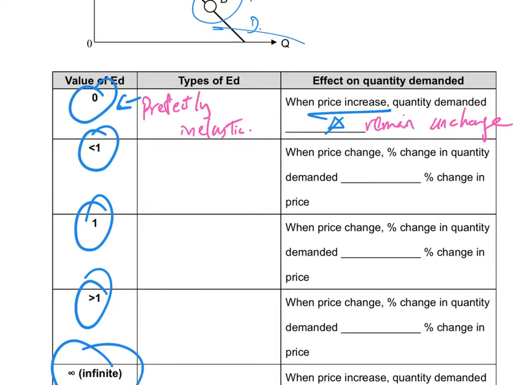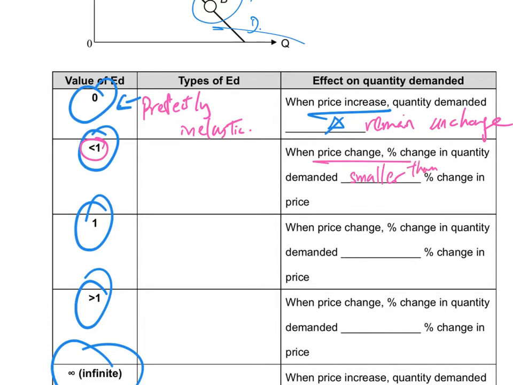And then the type a little bit close to perfectly inelastic, we call that inelastic, where the value is smaller than 1. That means when the price changes, the consumer actually has a reaction, but the reaction is not big, it's comparatively small. So the percentage change in quantity demanded is smaller than the percentage change in price.